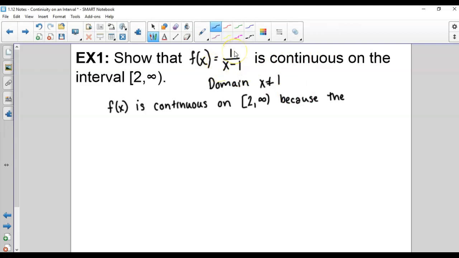Holes cancel with something in the top, and nothing is there to cancel with.